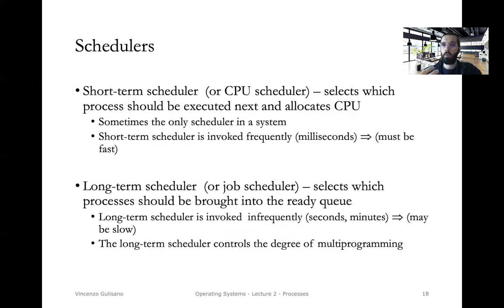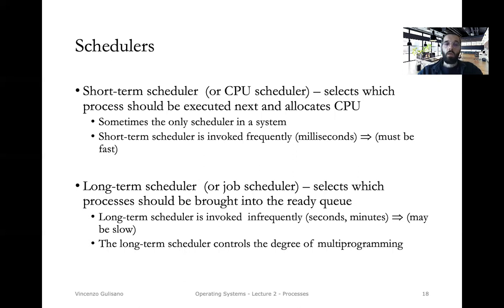Now you have both short-term schedulers and long-term schedulers. As the name suggests, the short-term scheduler selects the process that should be executed next, so the process that should get the CPU. This is maybe the only scheduler you have, or for sure the scheduler you need, because it's the one taking the decision immediately about what to run next.